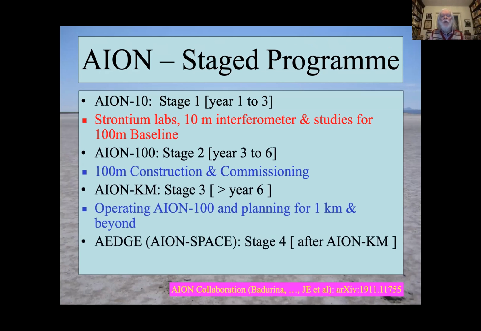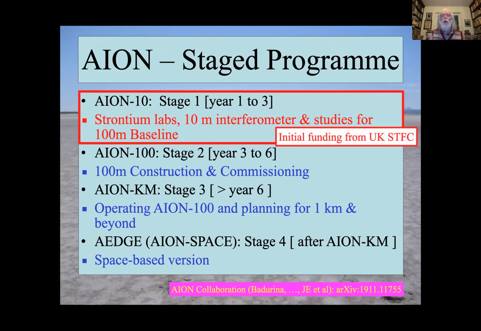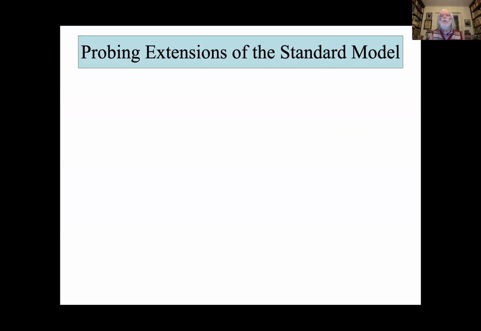And we also have long-range ambitions to put an atom interferometer in space, a project that we call AEDGE, which would in many ways complement LISA. We've already got initial funding from a UK funding agency for AION-10, and we hope eventually, if that proves to be successful, to go on to the larger versions of AION.